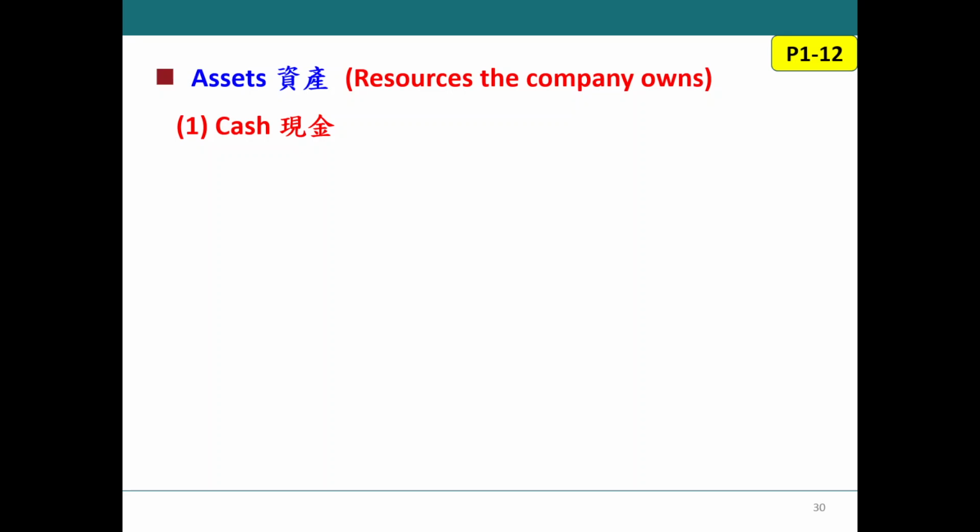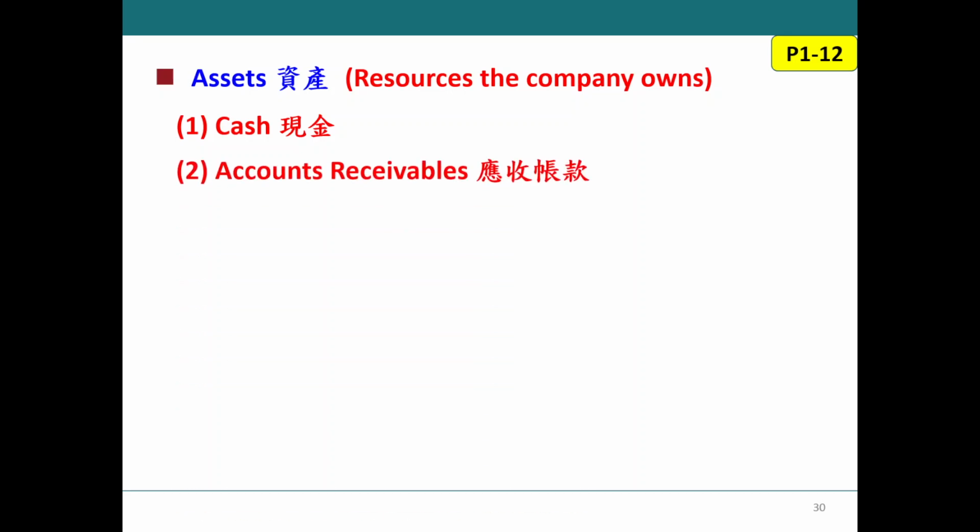So first asset is cash. You can use the cash to get more cash, right? Use the cash to make more money. So cash is your first asset. No problem. What's the second one? Totally new for you guys.